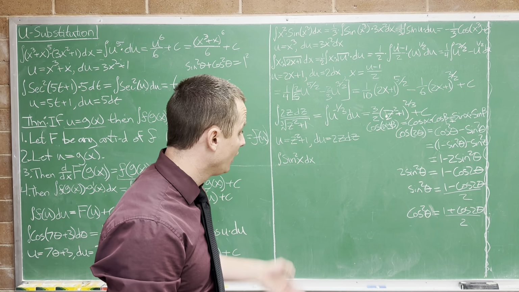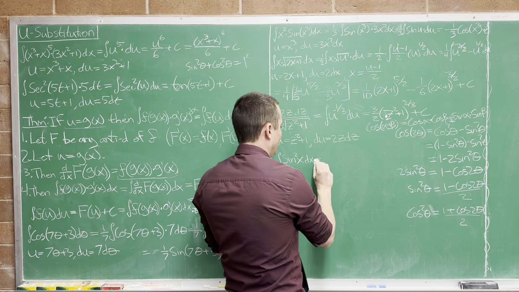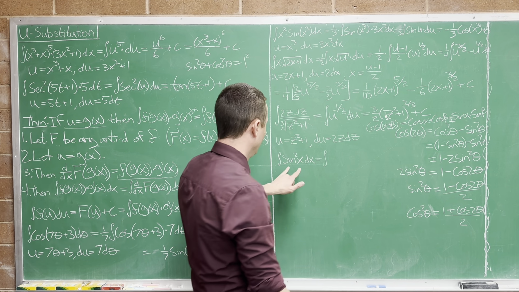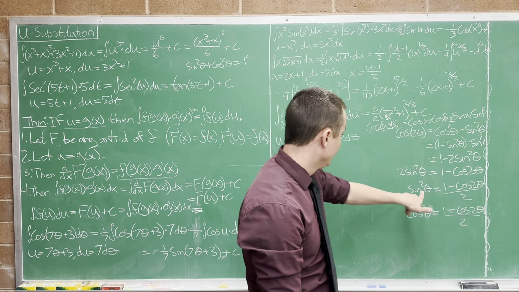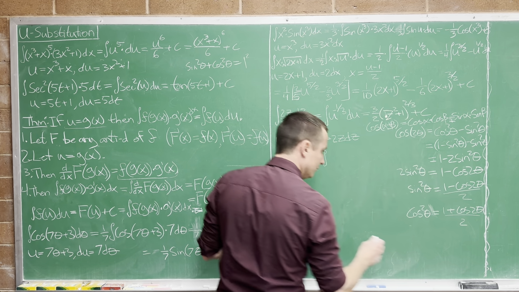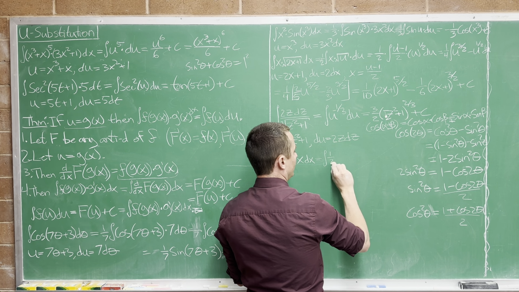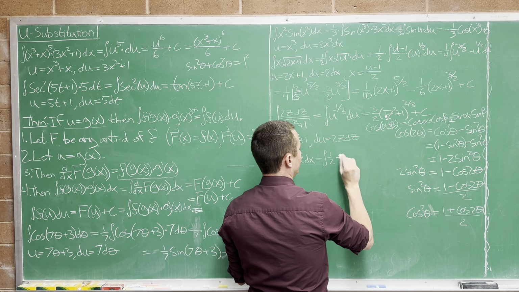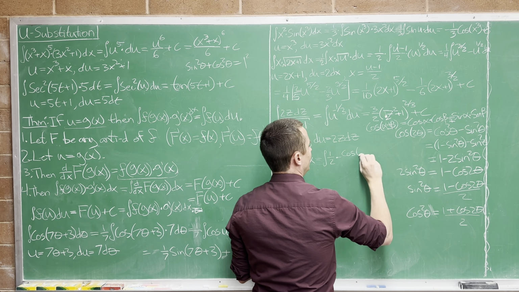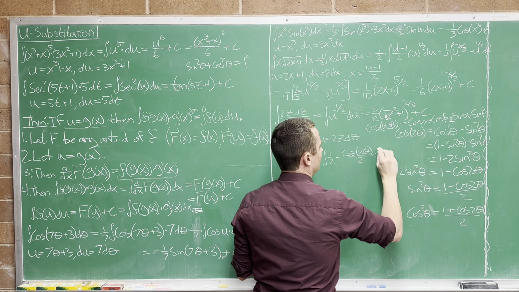Okay, so for this substitution, I'm going to rewrite this as the integral of, since we don't know how to work with that, sine squared is the same thing as this. And I'm going to write this as 2 fractions just to make sure we can see it: 1 over 2 minus cosine of 2 theta over 2 d theta.